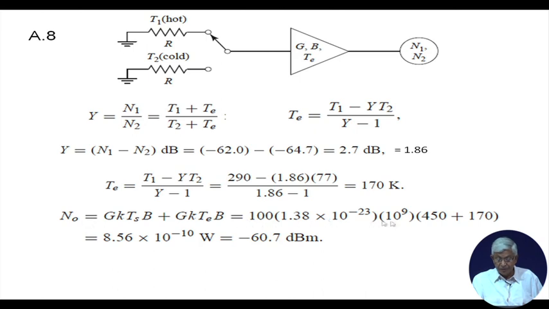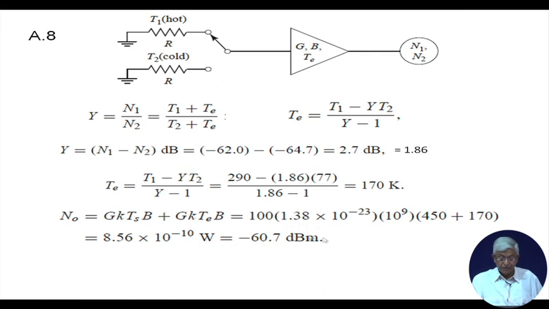Taking G, k and B common, it is T_S plus T_E, so 450 plus 170.